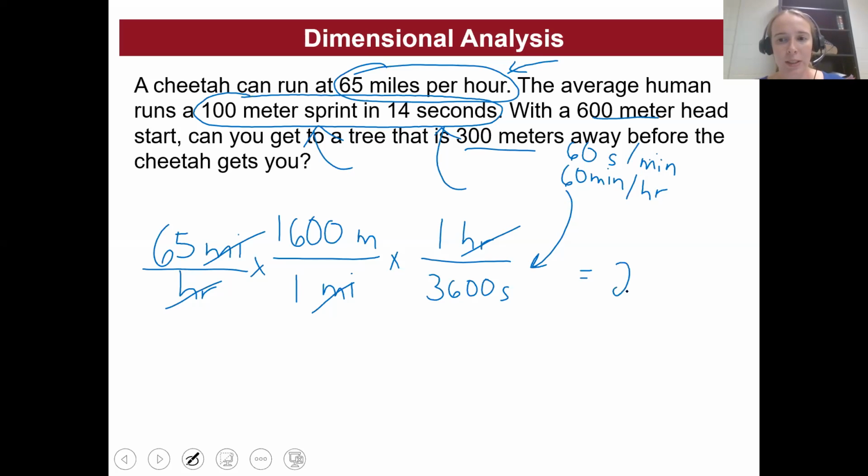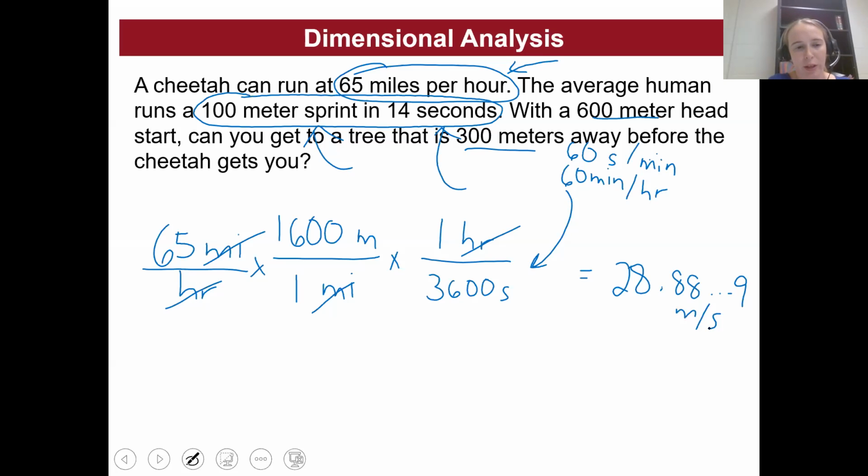I got 28.88888888889. We're not going to worry about sig figs yet, but let's see what we get when we're done. That's how fast the cheetah runs, in meters per second.